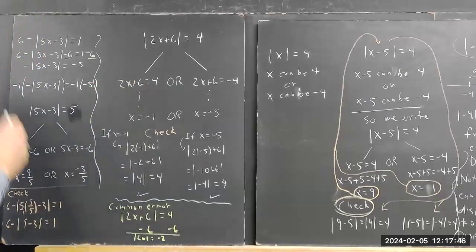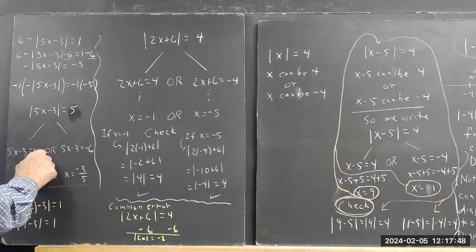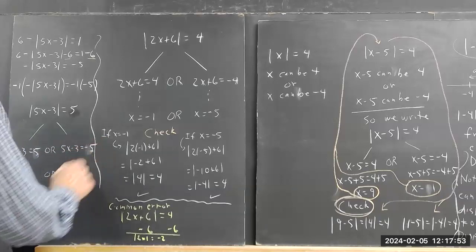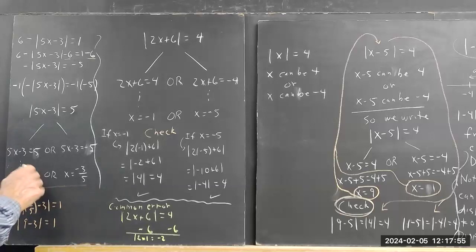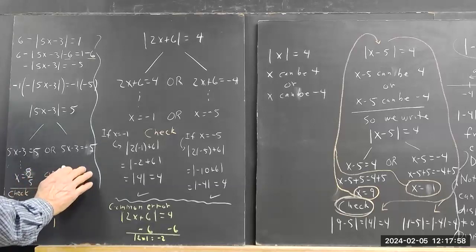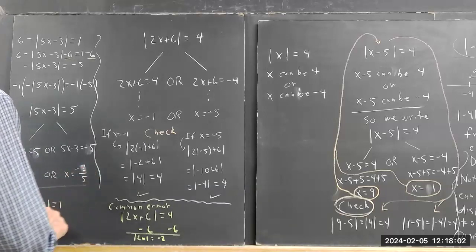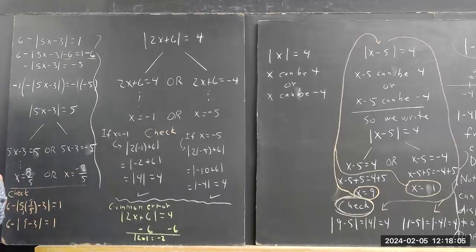I must have seen the 6 out of the corner of my eye or something. But that changes everything. Okay, now I get 8/5. And I get, I think it's going to be -2/5. Okay, so, sorry. Hopefully that's legible. I get 8/5, -2/5.